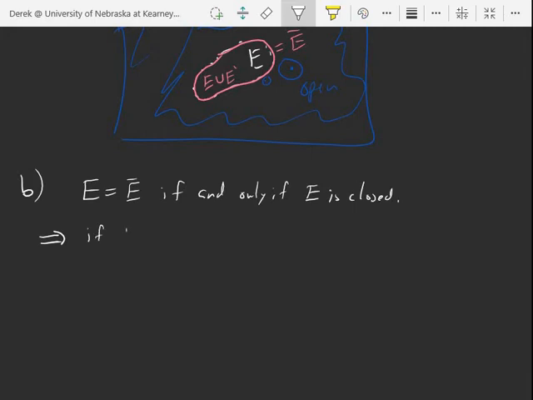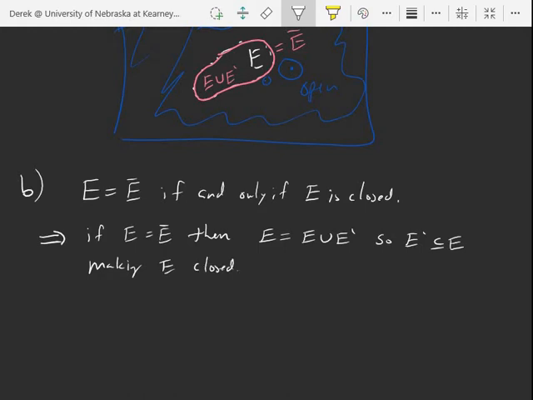If E equals E bar, then E equals E union its limit points. So E prime must be a subset of E, making E closed. If a set contains all of its limit points, it's closed.